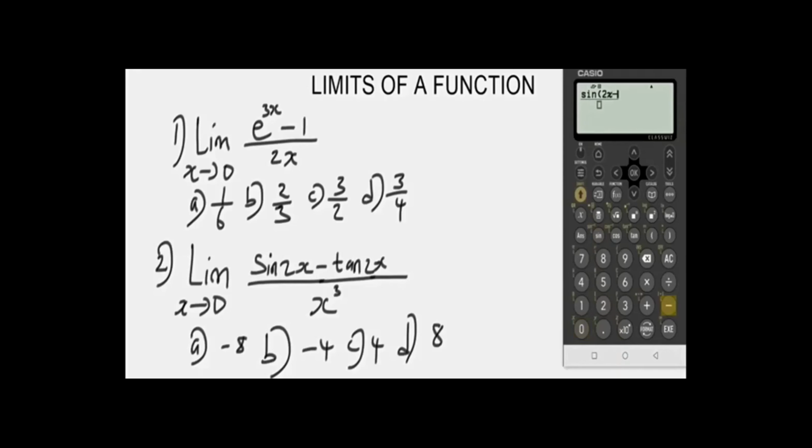We have minus tan 2x, shift and this button, close the bracket, over. So we have x, shift and this button to the power 3.